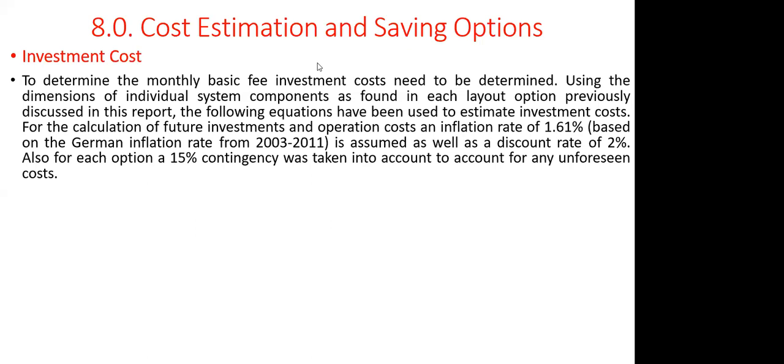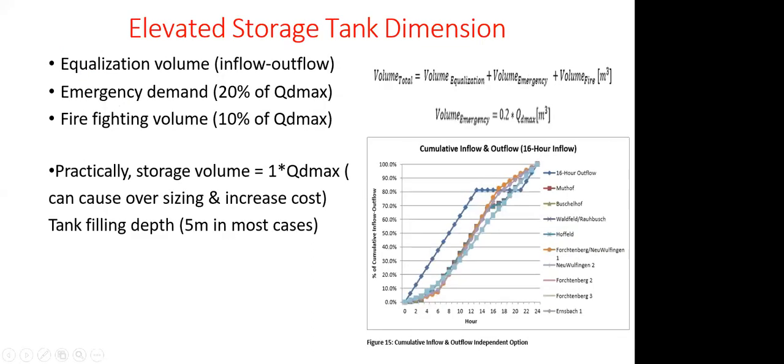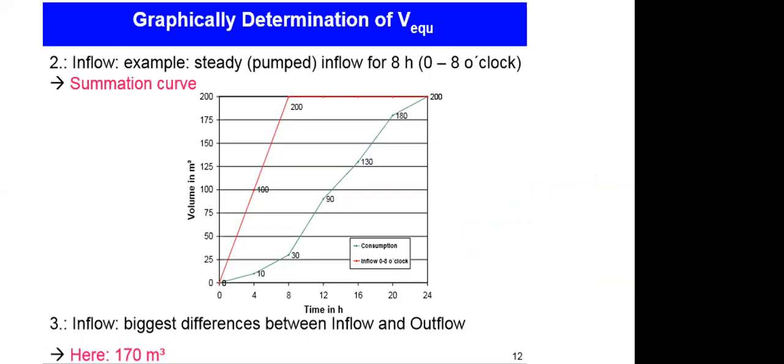Well, for the tank volume, you said we should read out from this graph basically the maximum difference between a linear inflow and the curvy outflow. But how do we read this? I mean, the reading of this graph, how do you do it? Like vertically, or how can I read the graph?